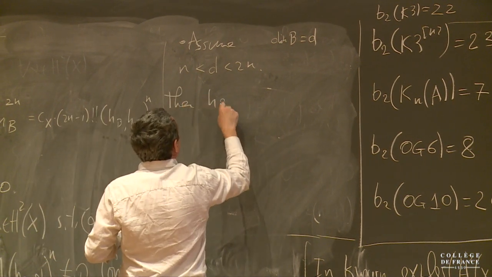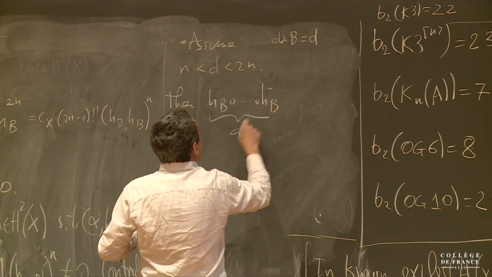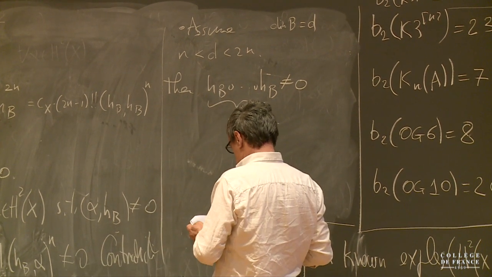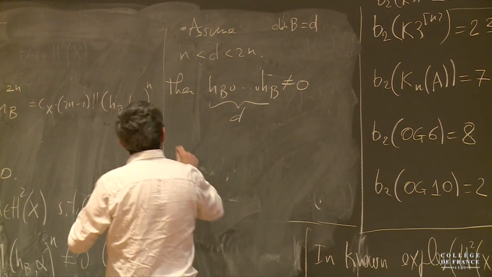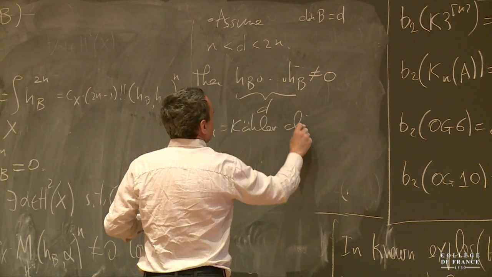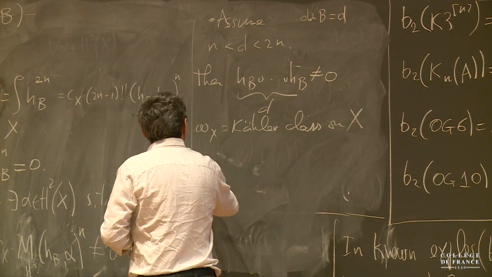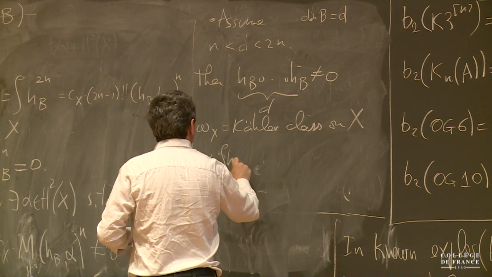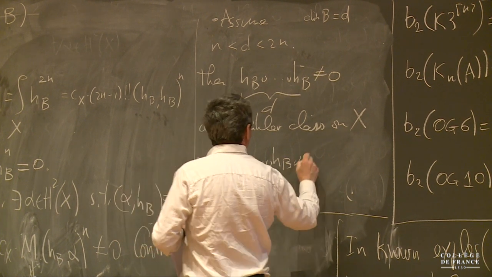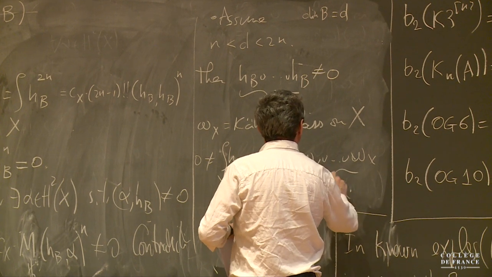Then H_B to the d is different from 0. And then we take omega_X equal to a Kähler class on X, and we compute H_B to the d times omega_X, the remaining number of times, so 2n minus d.